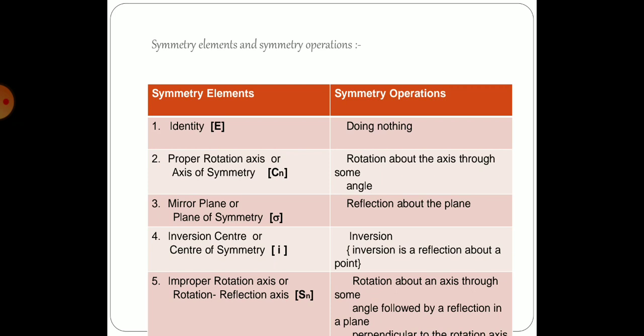The operation for it is rotation about an axis through some angle followed by reflection. Okay, in sigma we just have reflection about the plane, but in Sn rotation and reflection, both operations are combined. So this kind of operation is known as a rotation-reflection operation. Okay, so this is all about the symmetry elements. Thank you.